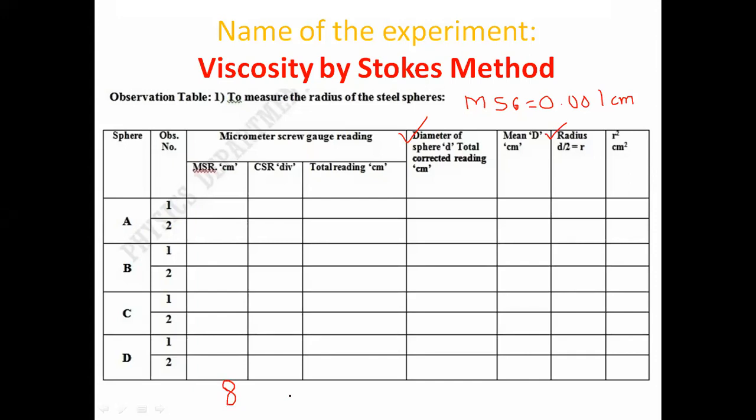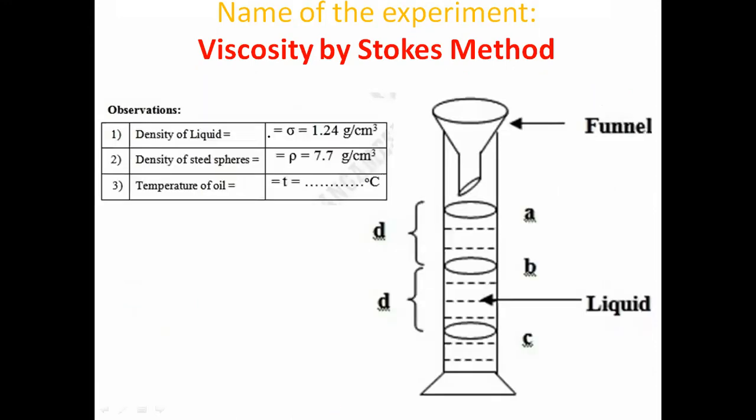So you have to find out the diameter and ultimately radius and radius square, that is r square, for 8 different spheres. The moment you are ready with the radius of 8 spheres, then you have to soak them inside the funnel and this arrangement.